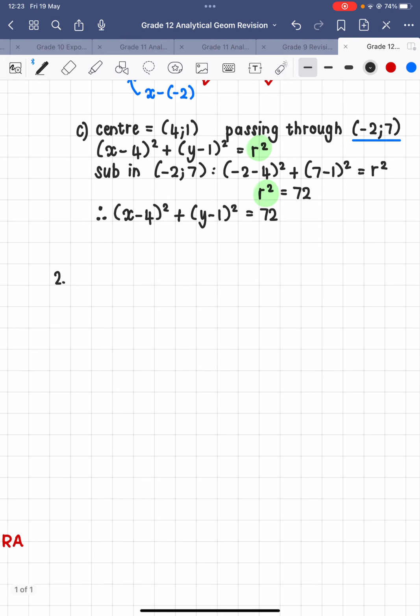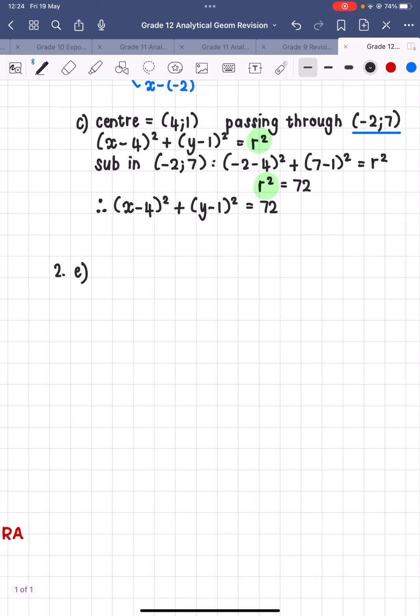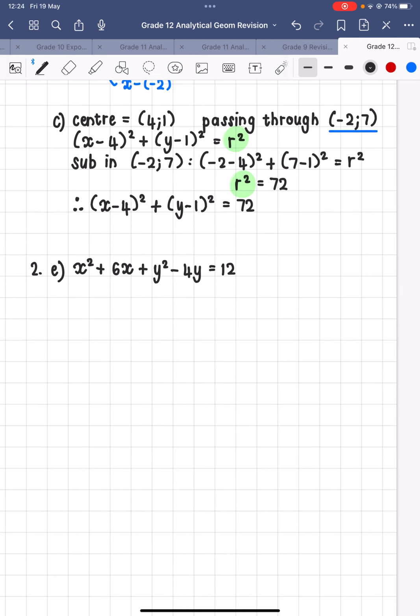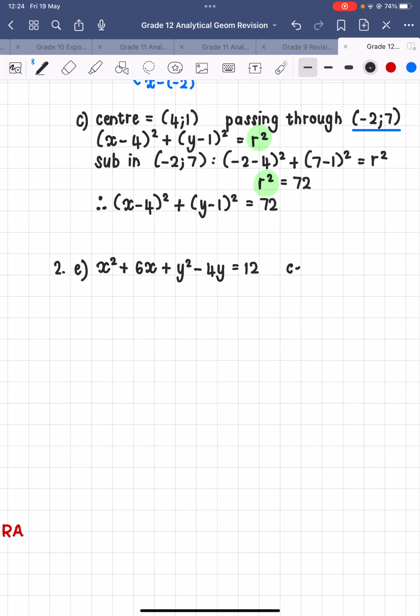Let's do 2E. They've given us this equation, x squared plus 6x plus y squared minus 4y equal to 12. They are asking for the center and the radius.